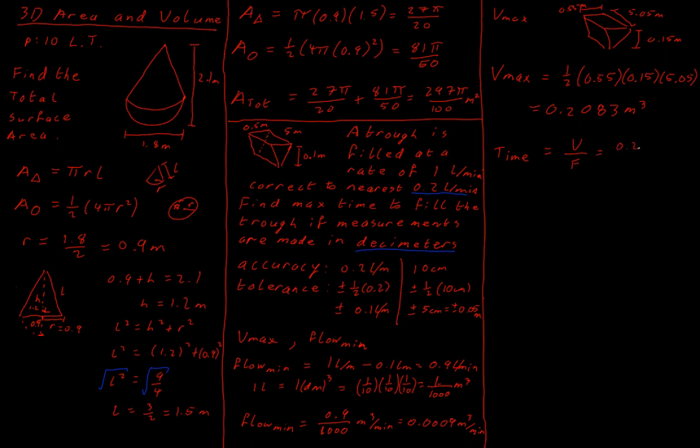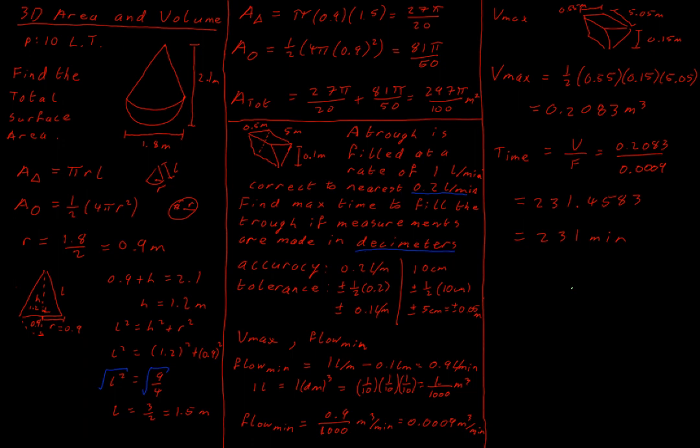It's going to be 0.2083 all over 0.0009, which ends up being equal to 231.4583, which will round to our nearest minute, 231 minutes. So 231 minutes would be needed in order to fill up our trough.